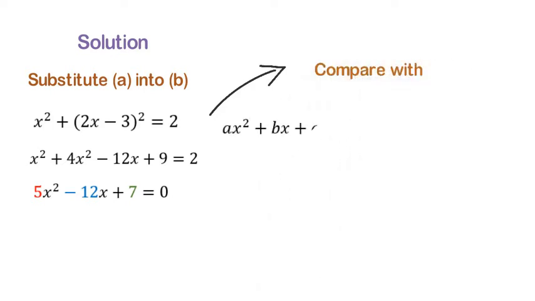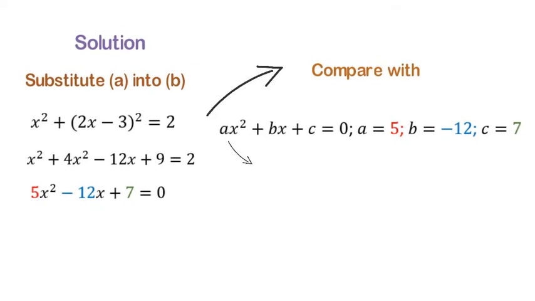Compare these to ax squared plus bx plus c equal to 0. We'll find out that a is equal to 5, b is equal to minus 12, and c is equal to 7. Remember the formula x equal to minus b plus or minus the root of b squared minus 4ac all over 2a.